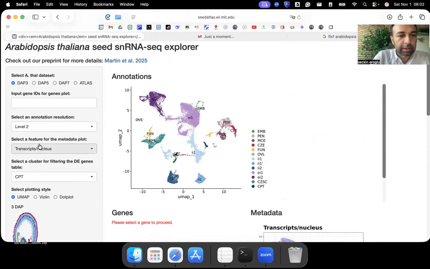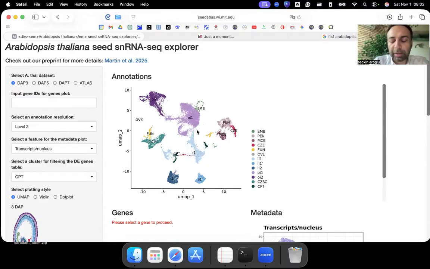So now we have the expression data of 3 days old cells, three DAP cells. Here, every spot corresponds to a whole RNA sequencing result. So every spot is a whole RNA sequencing result of just one cell.